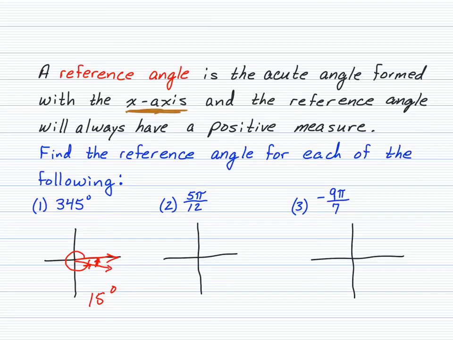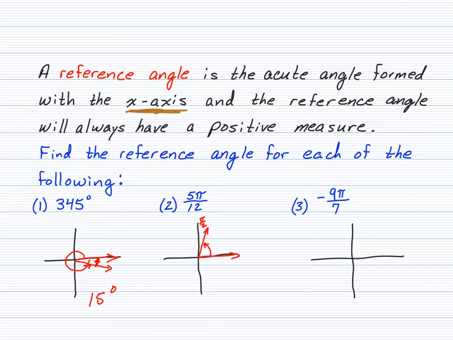All right, so let's look at the next one here. 5 pi over 12. 5/12 is a little bit less than a half. And pi over 2 is right here. So that means 5 pi over 12 is going to be about like this right here. Now, if you'll notice, since this is less than 90 degrees, this is already the reference angle.